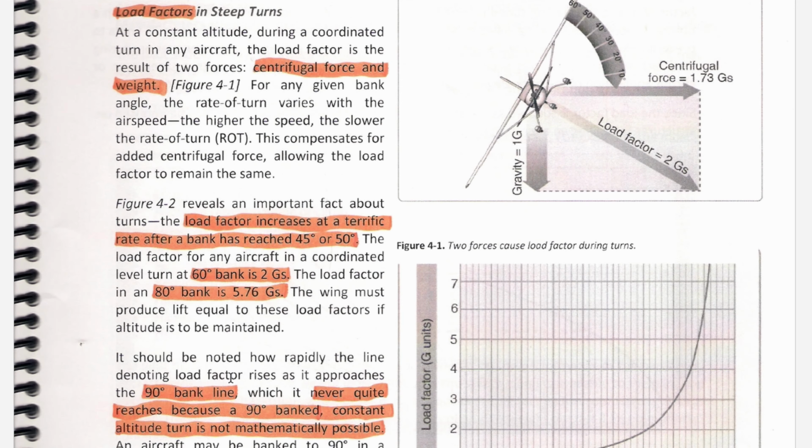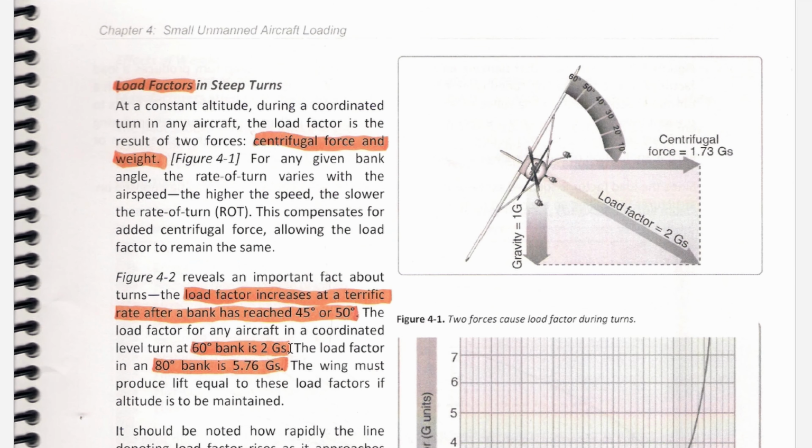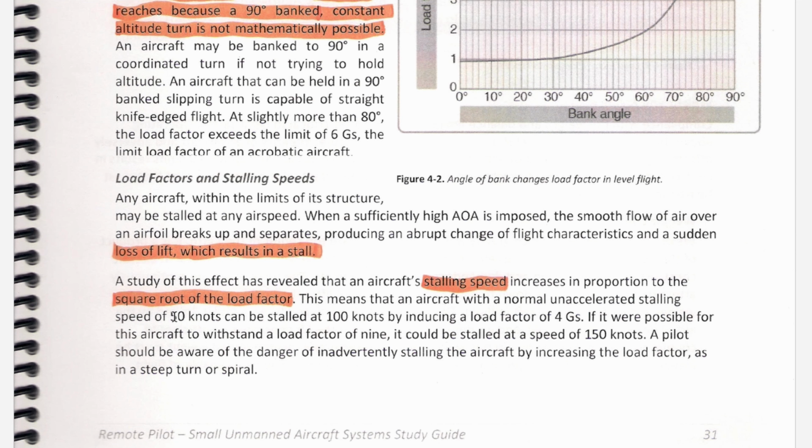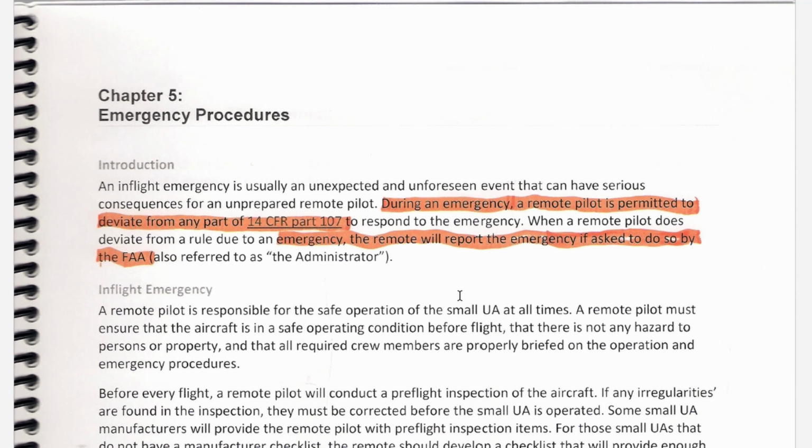The important thing to remember is that if you get past, I think it's like 40 or 50 degrees of bank, you will lose your lift coming off the wings, and you will stall out and crash, unless you're an F-16. I think it was somehow like the square root of the load factor or something like that.